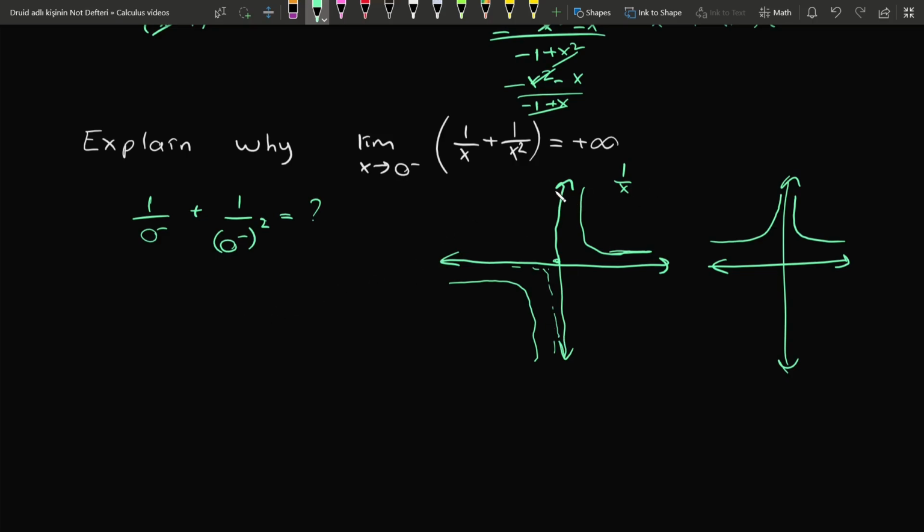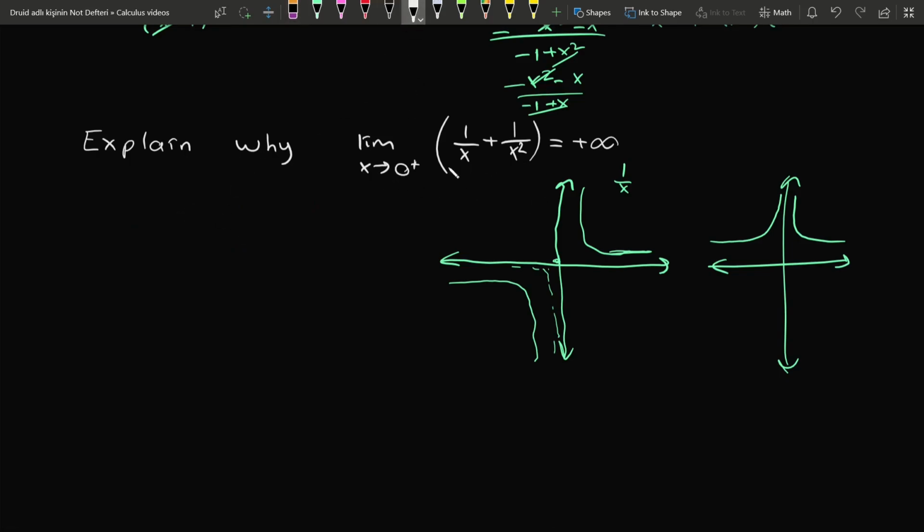And is this question correct? I checked my book and I realized that there's a mistake in this question, and that is we're supposed to approach 0 from the right side, since if I approach it from the left side, this is not correct. So now let's solve it the right way.